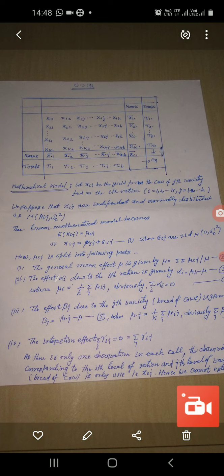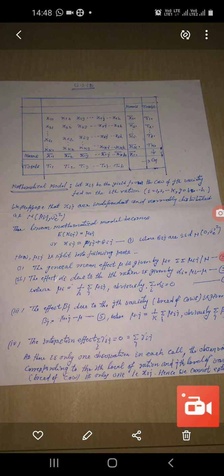Here we have a table and the data is represented. In the first row it is x11, x12, x13 and so on, x1j, x1h, and its mean is given by x1 dot bar and total is given by t1 dot.